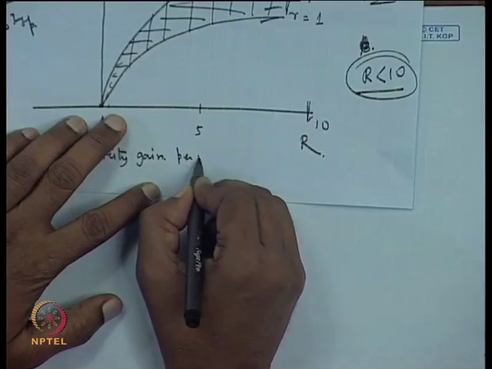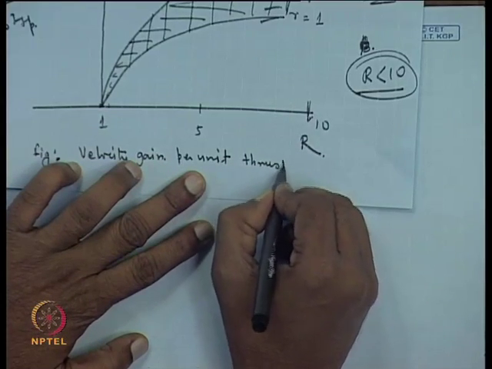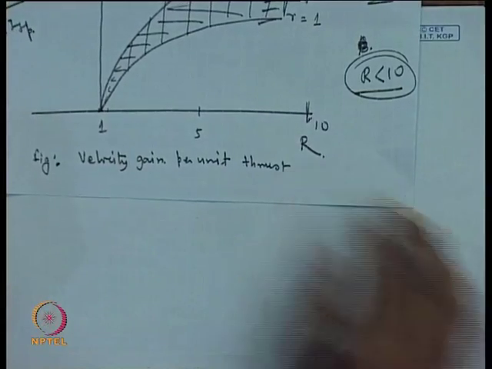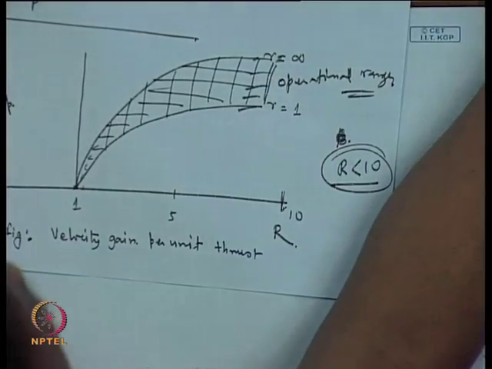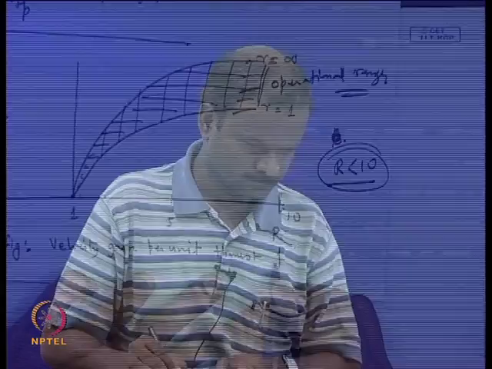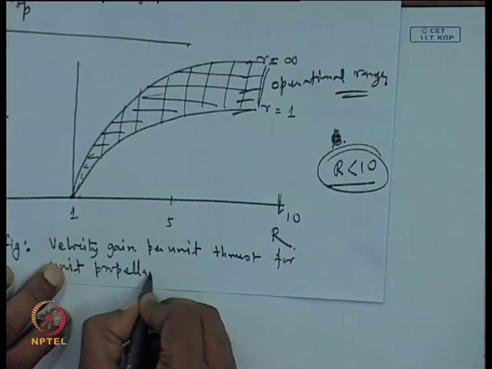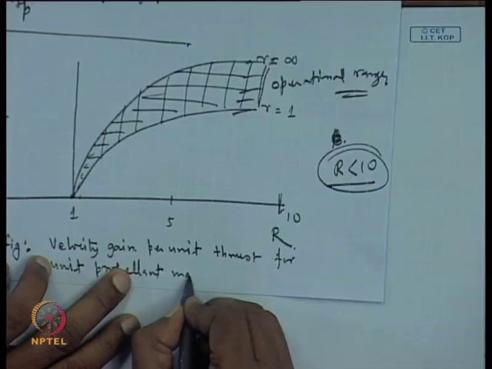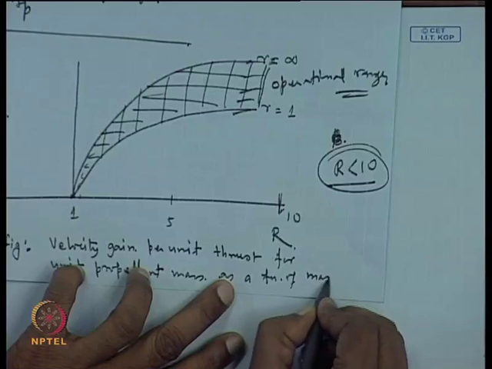Velocity gain per unit thrust for unit propellant mass as a function of mass ratio.